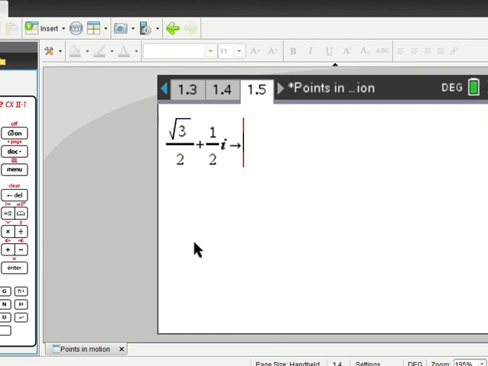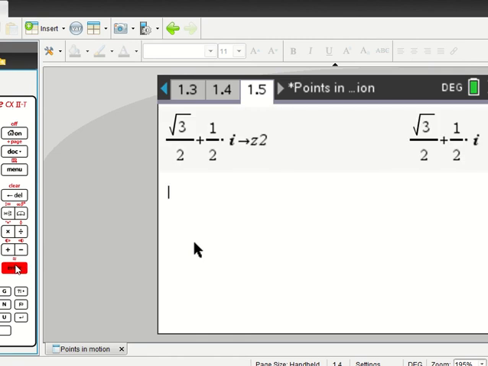I just named this point Z number 2 and press enter, and that stores that point in the graphing calculator. So let's say that I want to do this Z2, and I'm going to translate 30 degrees from any point on the unit circle. I'll just pick 60 for now.